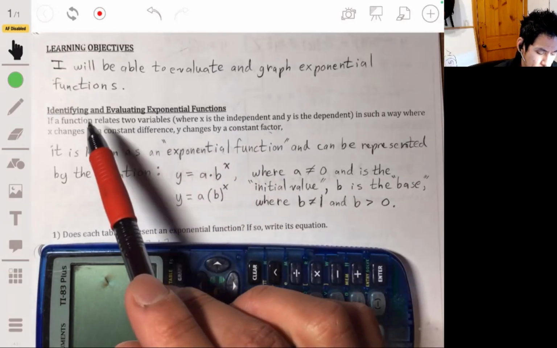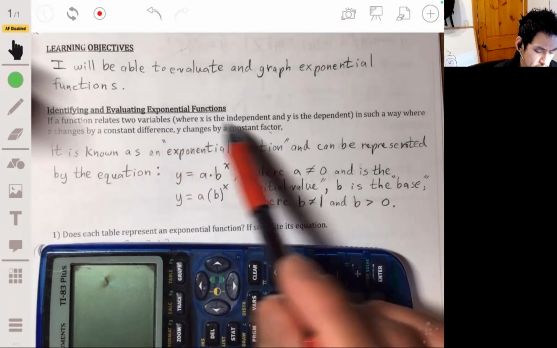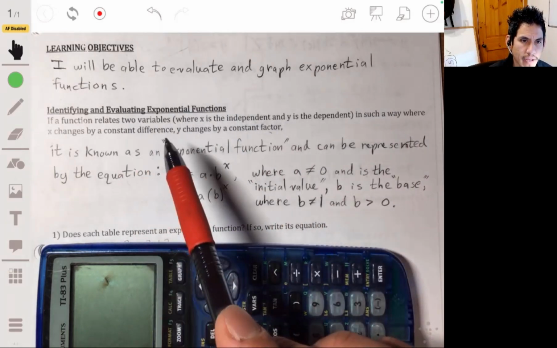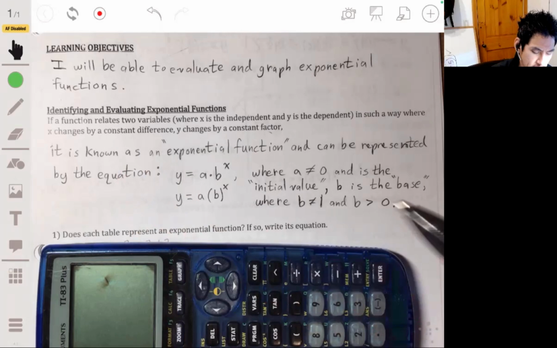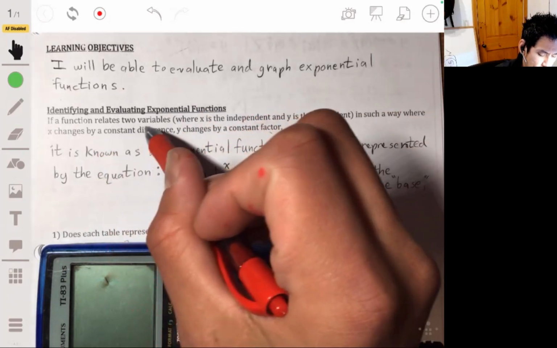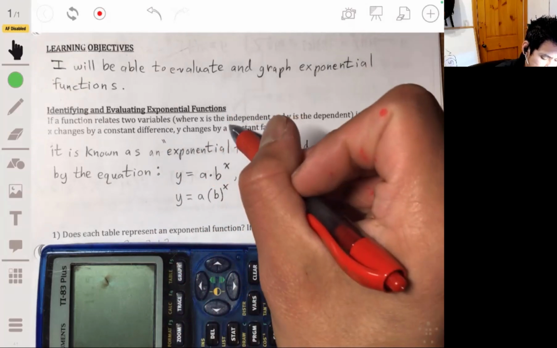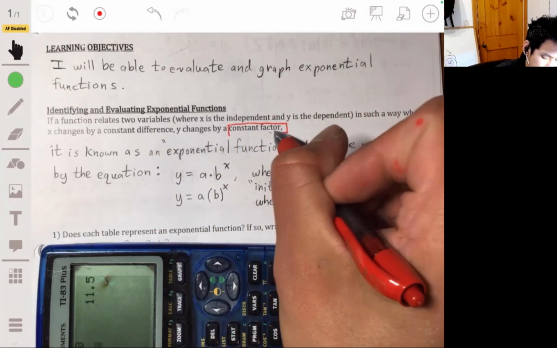We have a function that relates two variables x and y, x being independent and y being dependent. The key thing is that x is changing by a constant difference, let's say by one, 1, 2, 3, 4, but y is changing by a constant factor, meaning multiply.